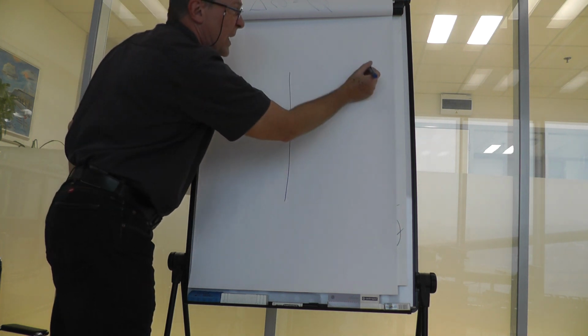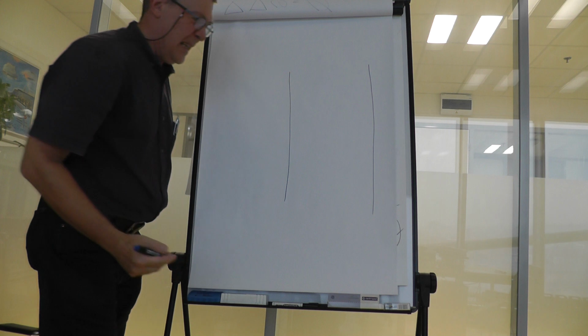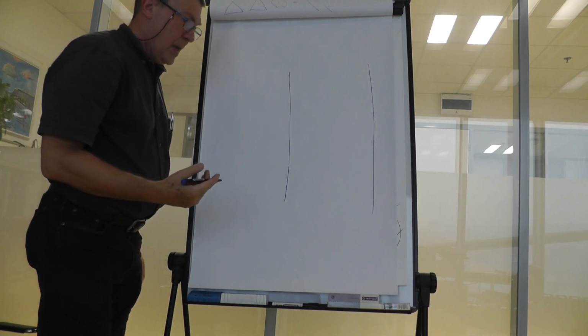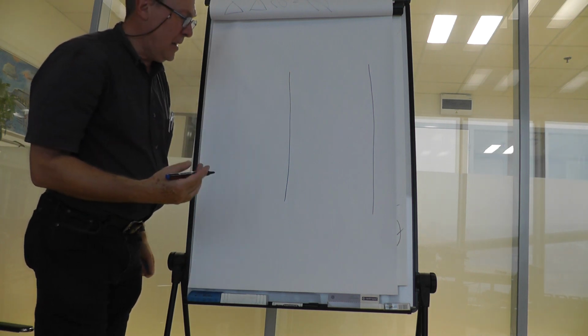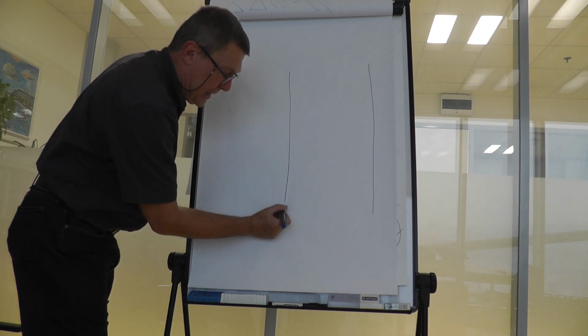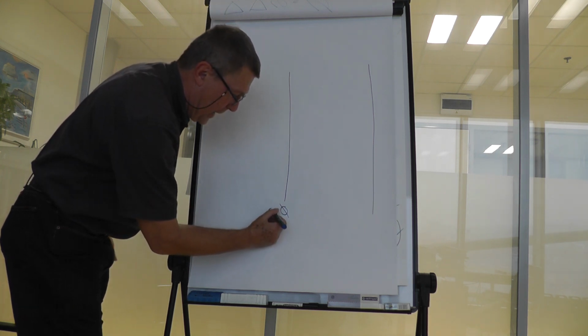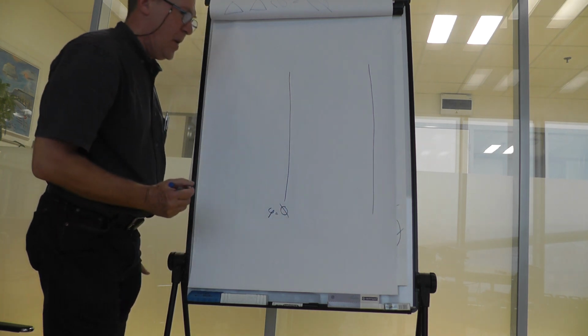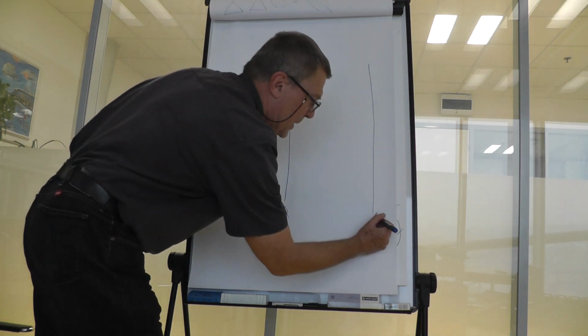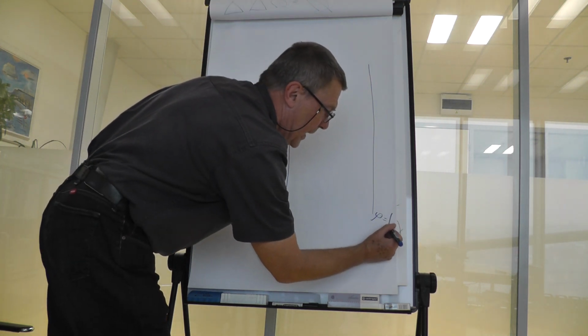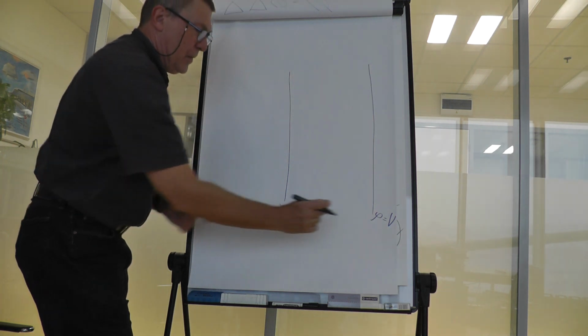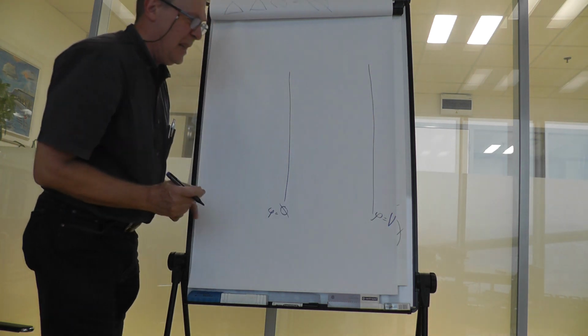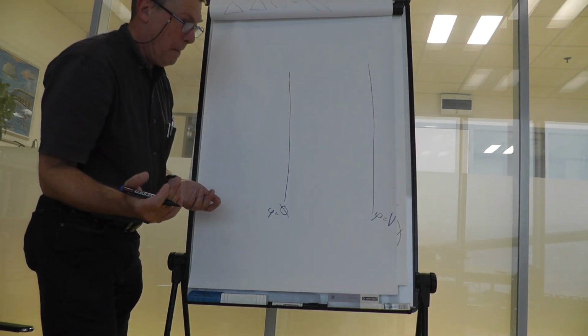So let's have two electrodes, two parallel electrodes, which are conductive. One, let's say, is at a potential phi equivalent to 0. The other has the potential phi equivalent to V, which is the voltage. So we have the voltage between those two electrodes of V.